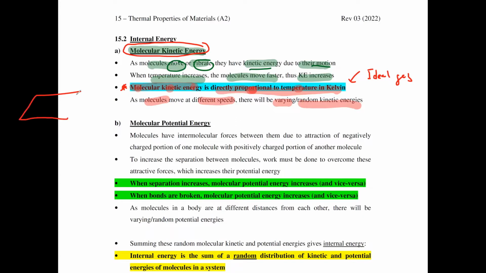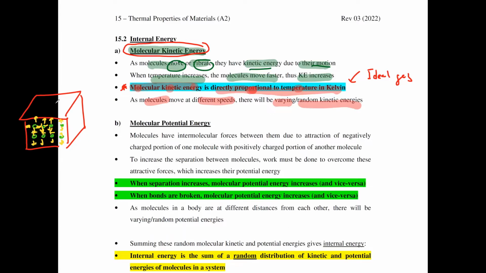Let's just say I have a solid here like this. And then I tell you that the solid is made out of particles or atoms like this. Your particles will only vibrate about their own mean position in this manner, right?